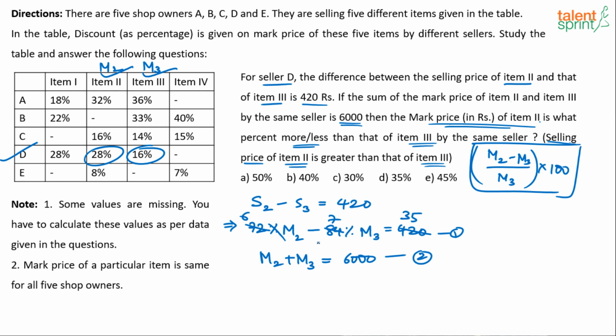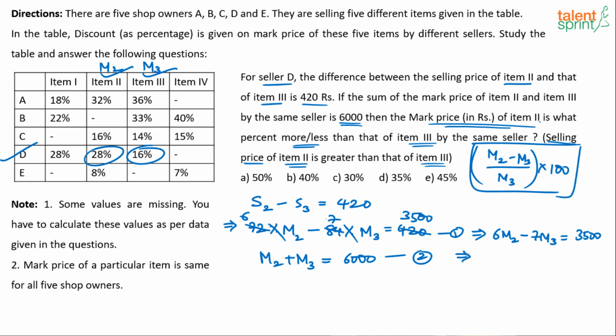And if I forget about these percentages, this becomes 3,500. By 100 and by 100, it goes to the other side. So basically we have 6M2 minus 7M3 equals to 3,500. So the equation now is 6M2 minus 7M3 equals to 3,500.